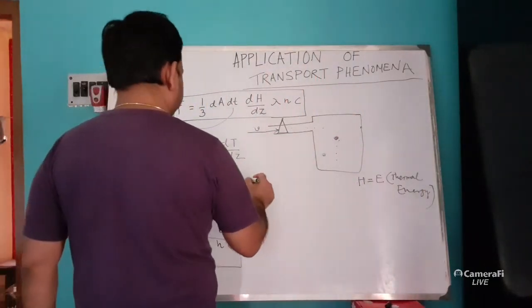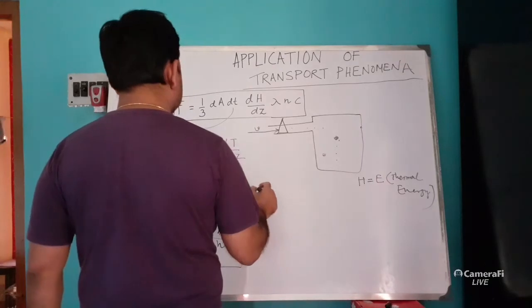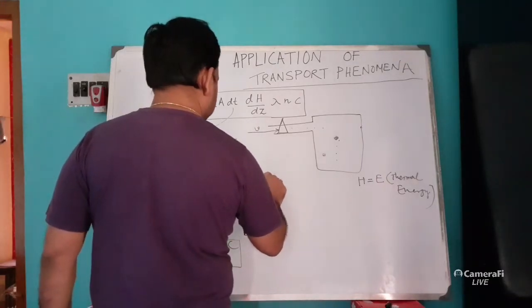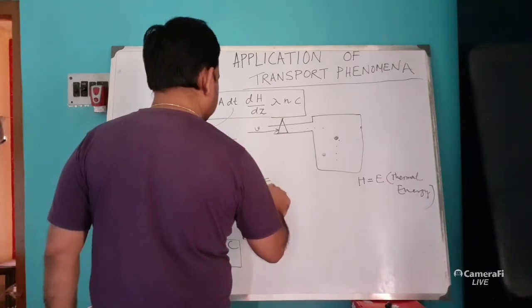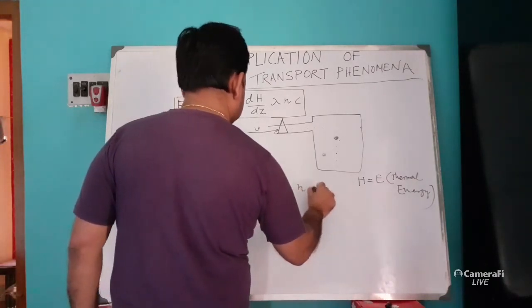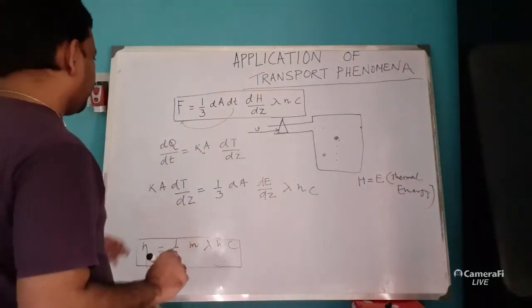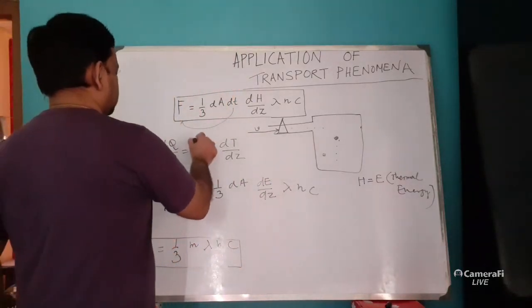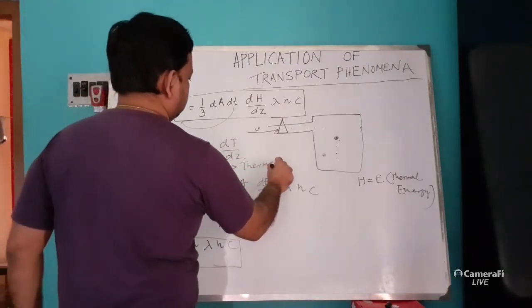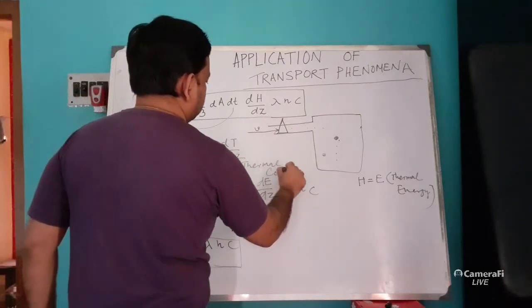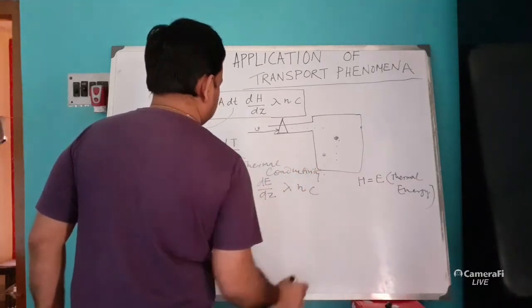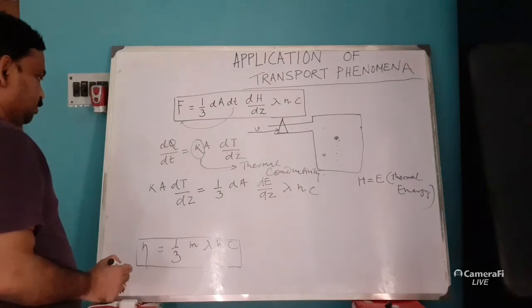And we have dA, then dH is like dE by dz lambda n C, where K is the thermal conductivity.